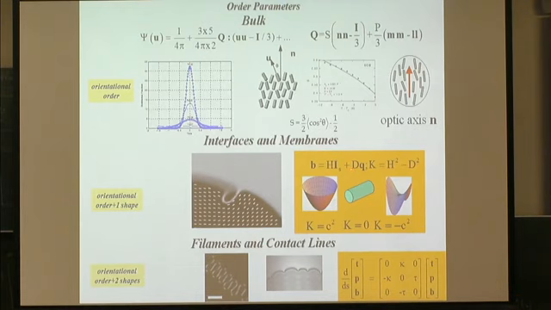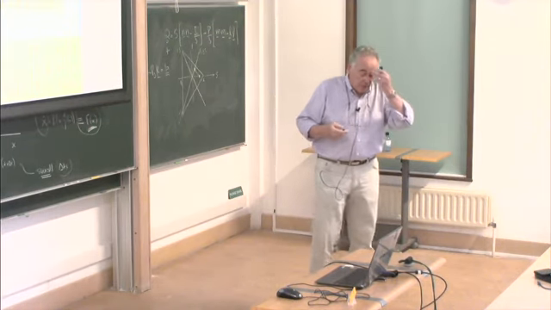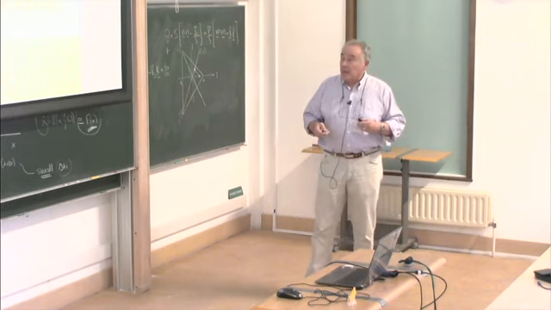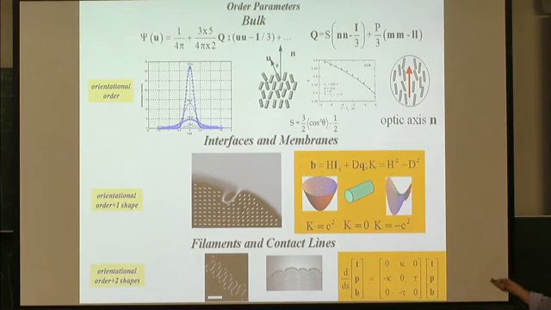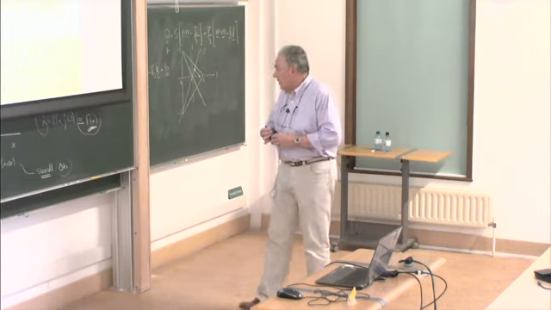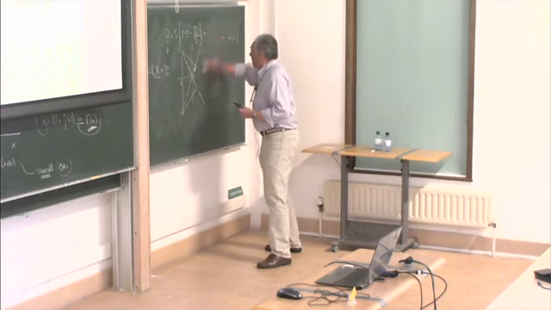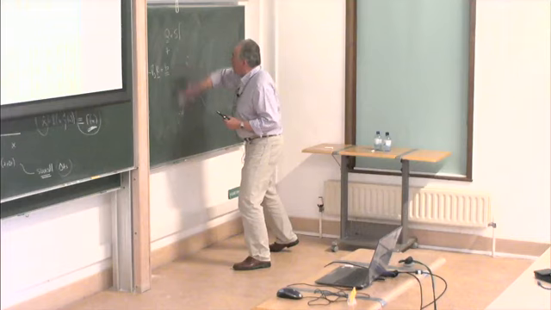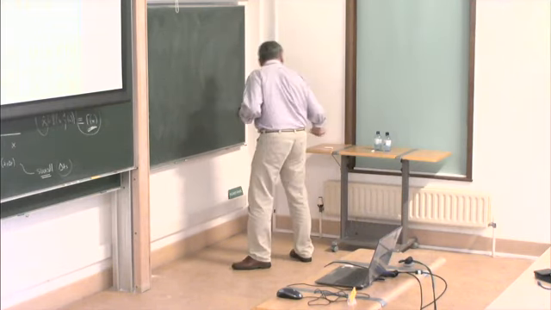So anytime you have non-spherical shapes in a liquid crystal, and most of the time we might have non-spherical shapes, this decomposition is very useful. I and Q are two of the four bases for two-dimensional tensors. So any two-dimensional tensor can be decomposed into these four modes.